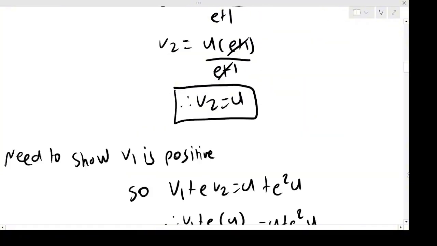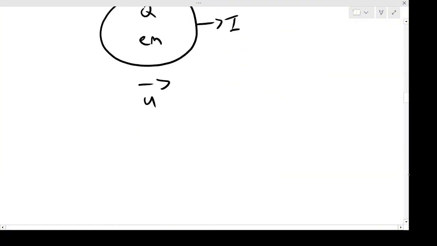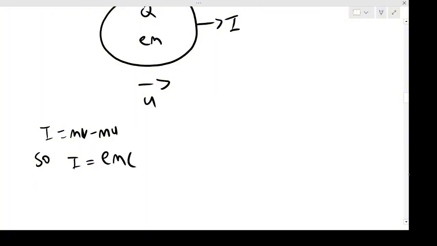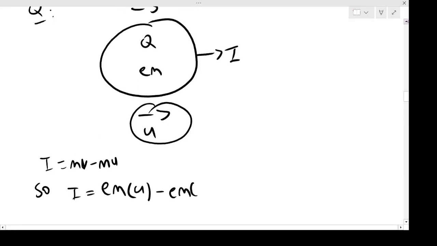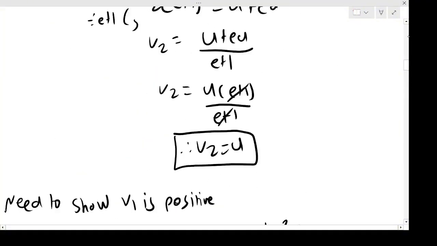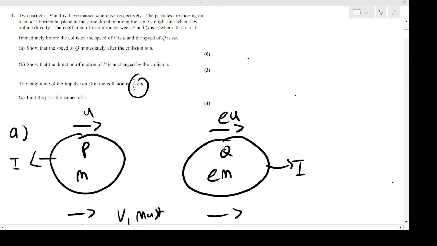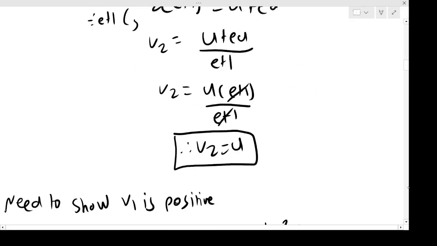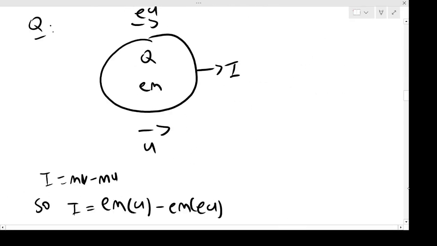If I now use impulse to be mv minus mu, that's my formula, right? So I is going to equal, well, the mass is m, and then the final speed is u, take away m of the initial speed eu. And I'm told the impulse was 2/9 mu, so I can equate this to 2/9 mu.